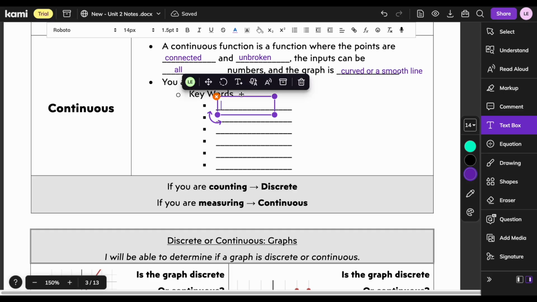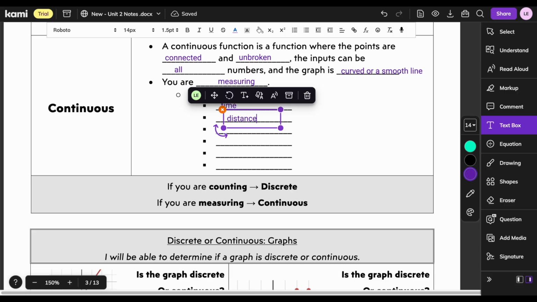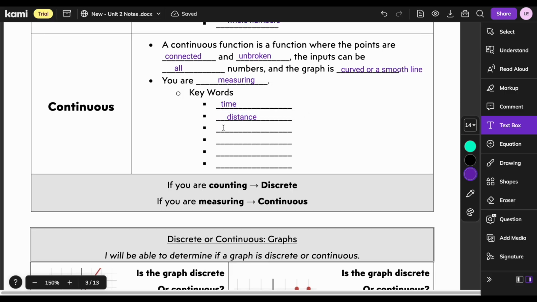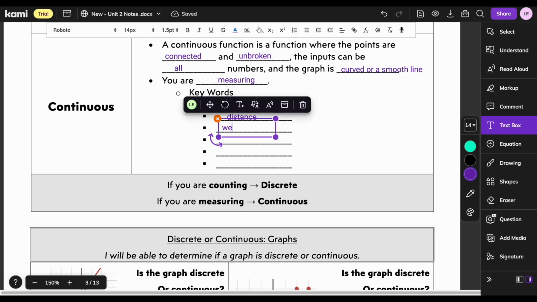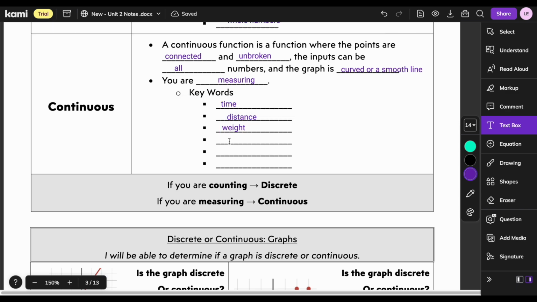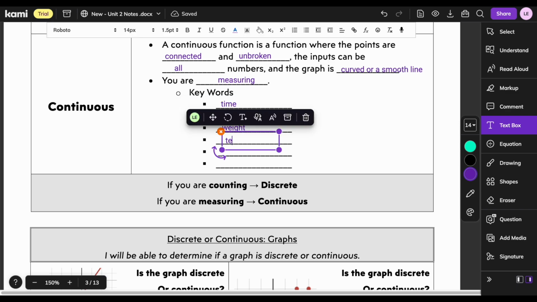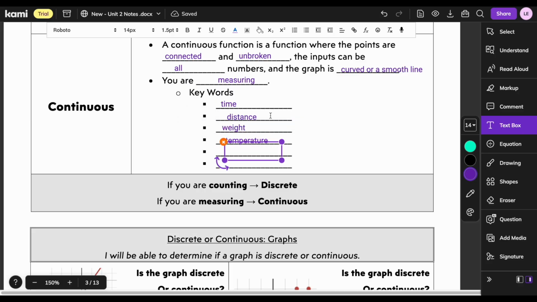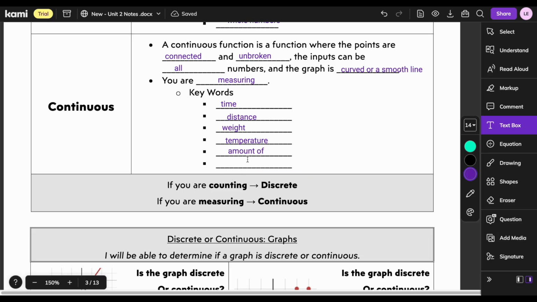There are a lot of keywords we can write down. These are the ones you're going to see the most. You have time. Let's see, distance. How far do you go? How far do you travel? Weight. Temperature. We have amount of.